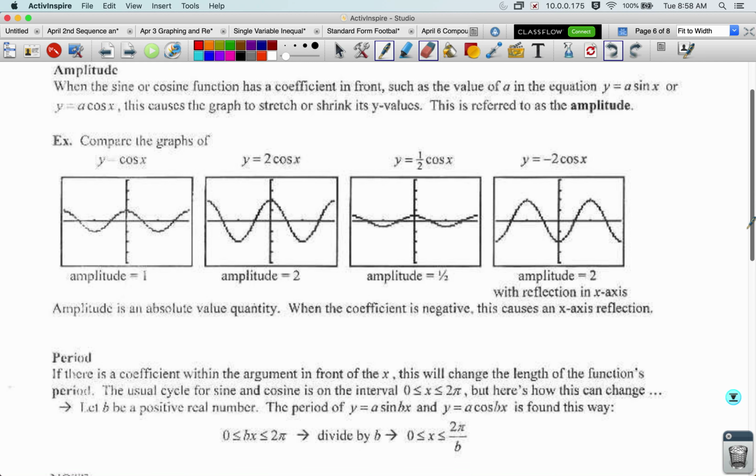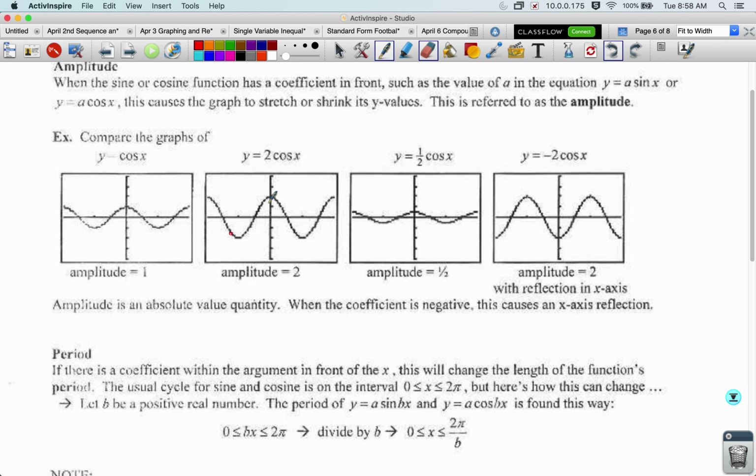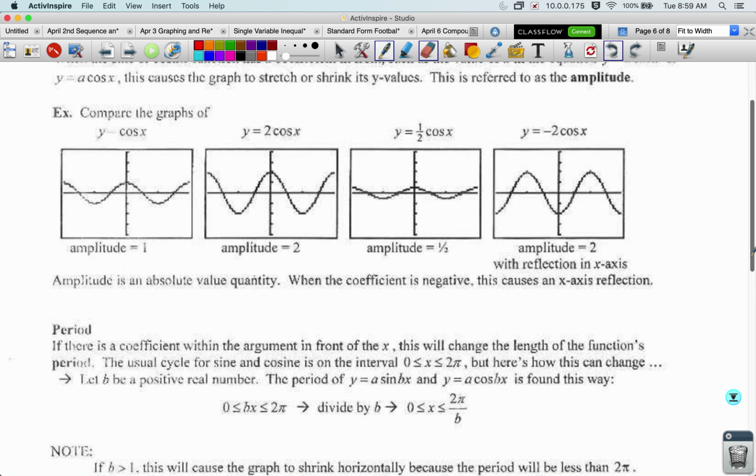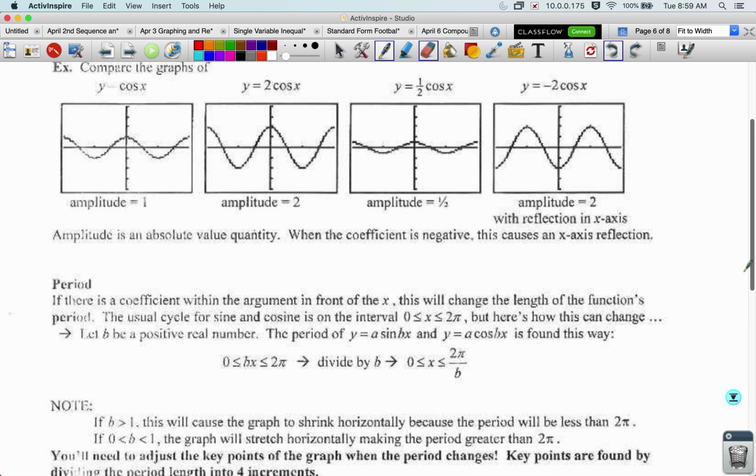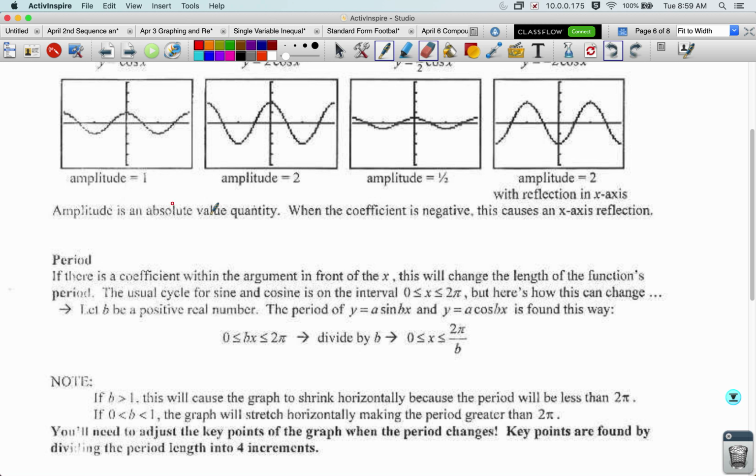All right, and we can see it can get taller, it can get shorter. With a negative, it reflects over the x-axis. Amplitude is an absolute value quantity. That means we would never say we have a negative amplitude.